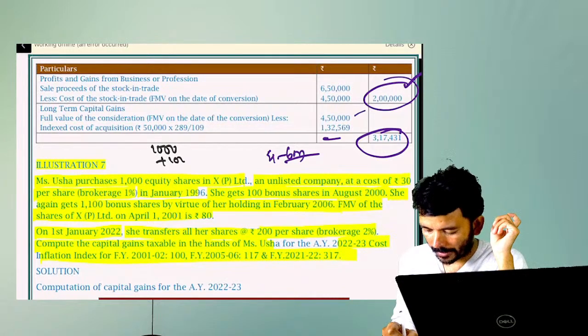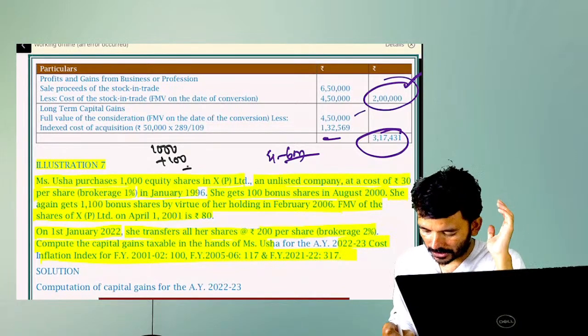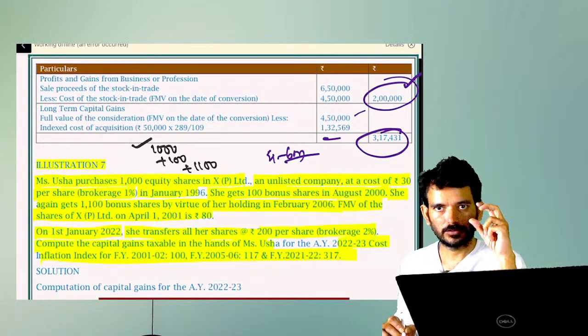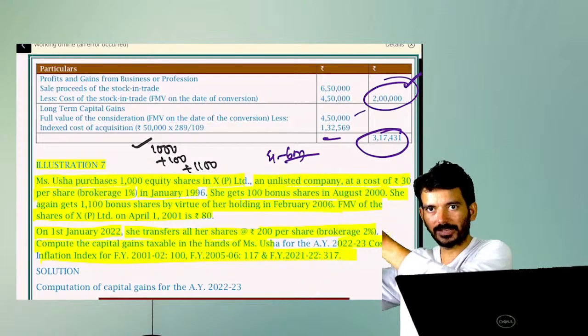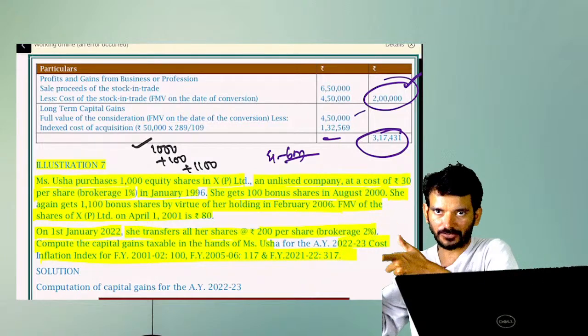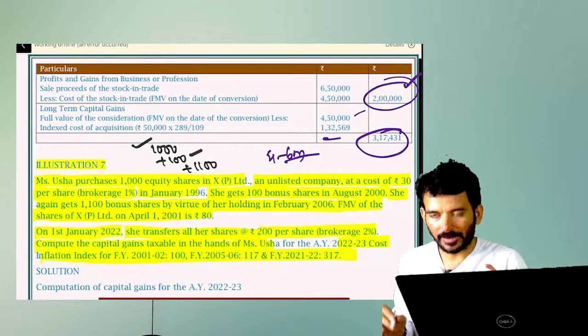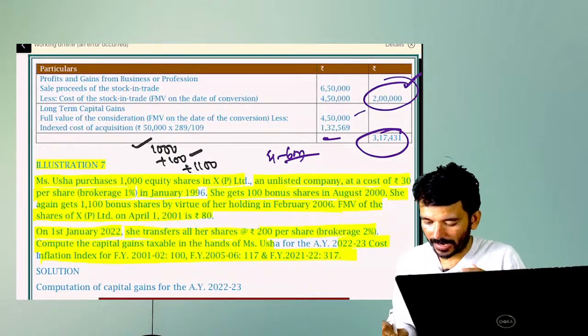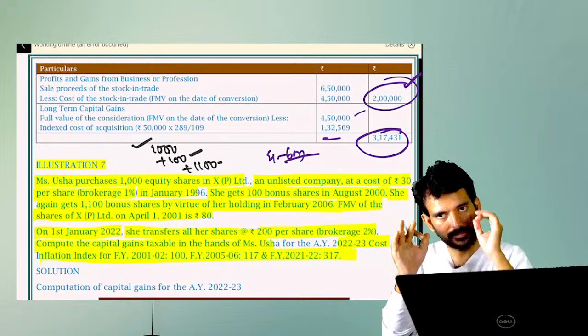First she got 100 as a bonus, and again she got 1100 as bonus shares. You do separately for 1000 because you know the selling price, transfer expenses, net consideration, cost of acquisition. For the 100 you do it, which were acquired before that cutoff date, and for the 1100 you do it again, and the answer will be very easy.